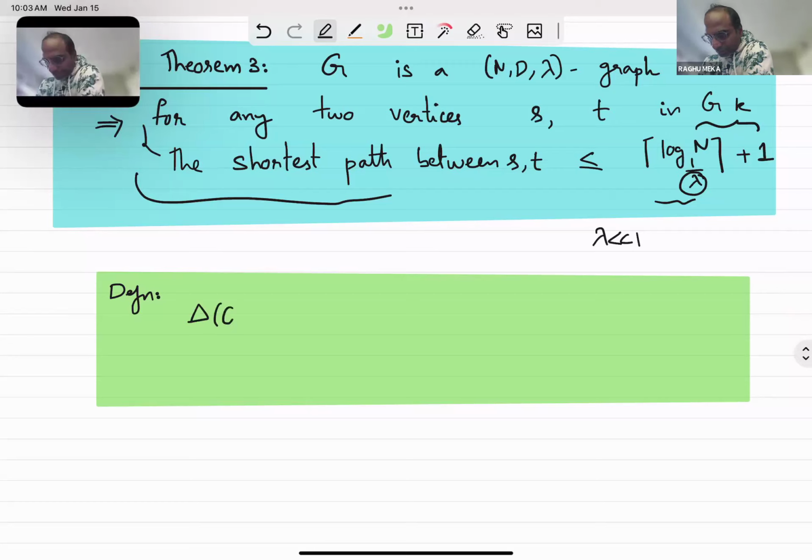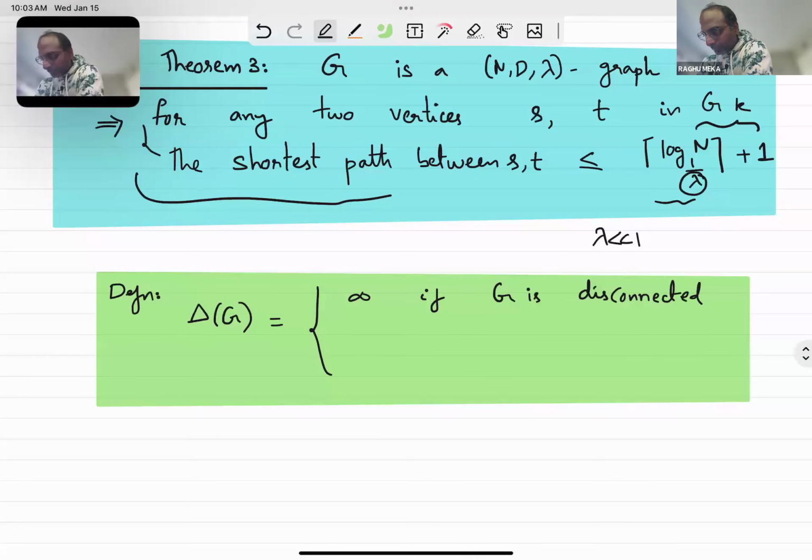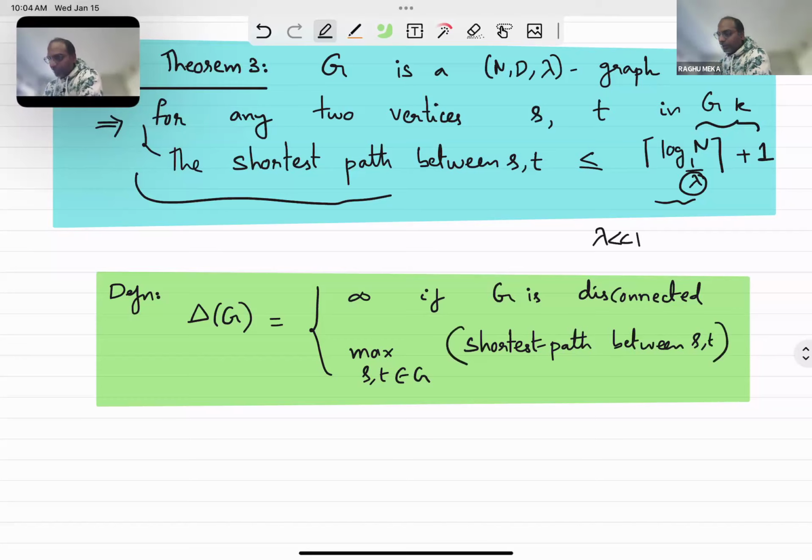Delta of G equals infinity if G is disconnected and is equal to, okay.